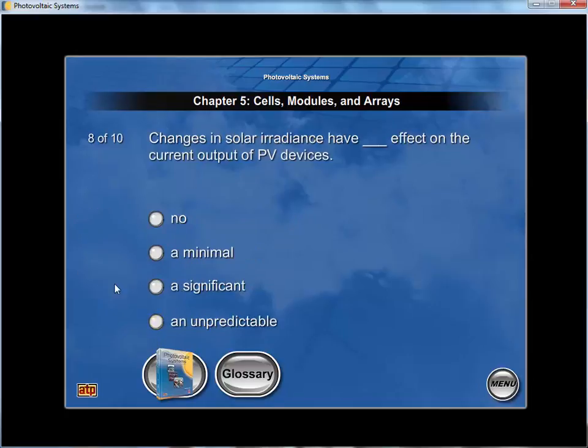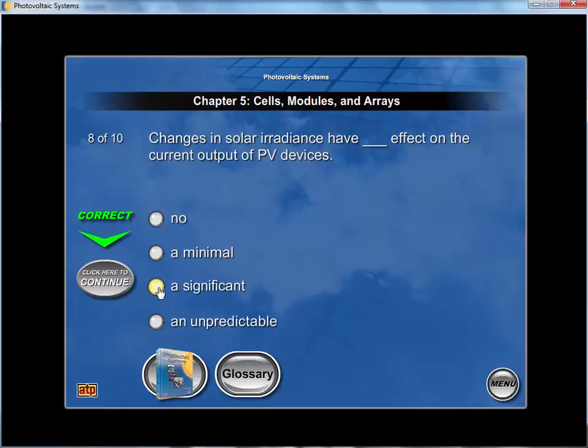Nice. Changes in solar irradiance have blank effect on the current output of PV devices. Better be significant. The voltage is not going to change much. Right, so the voltages will kind of either be on or off. Once you hit a certain photon level, here comes the voltage, but it's not until you get a bigger stream.